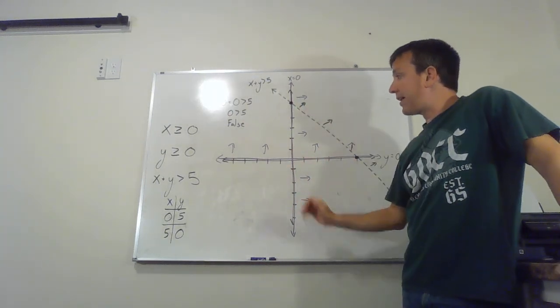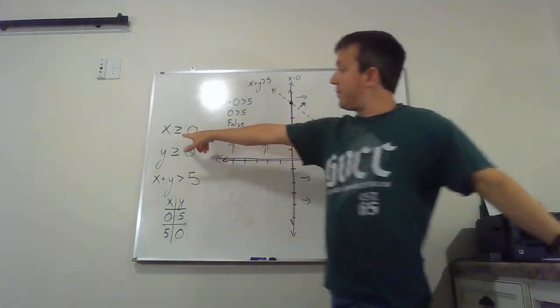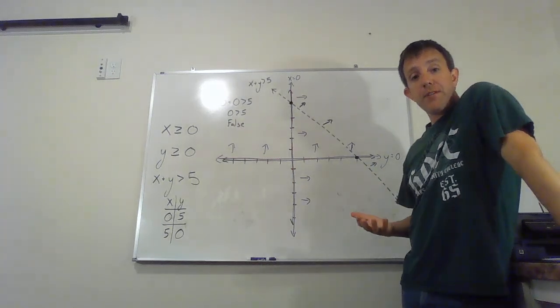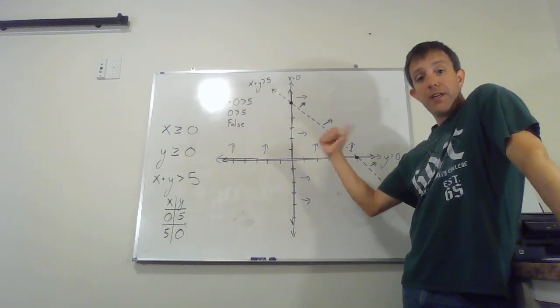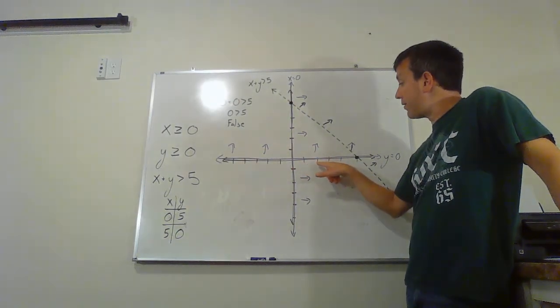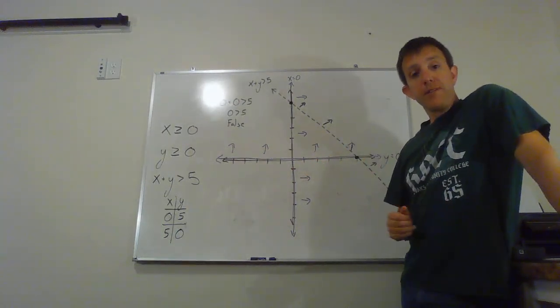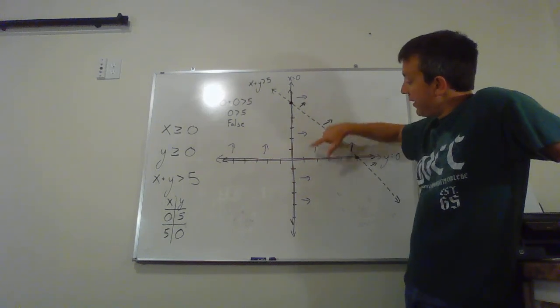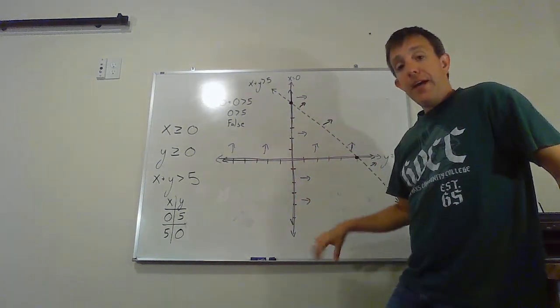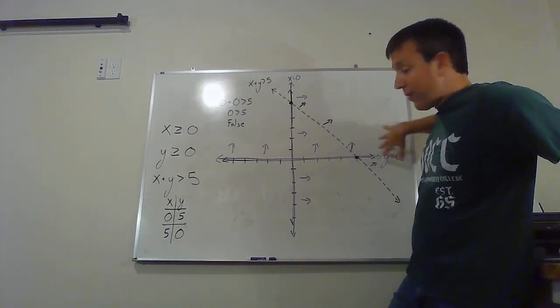And since I want it to be bigger than 0, well, where are the x values bigger than 0? Left or right? Well, they are bigger out to the right. If you go to 1 or 2 or 3, those are bigger than 0. So you'll notice I put some arrows here, marking that I have this line and that I should be shading out to the right of that.